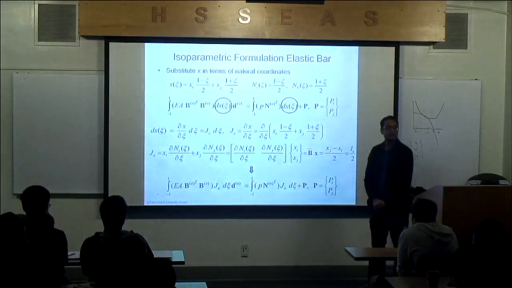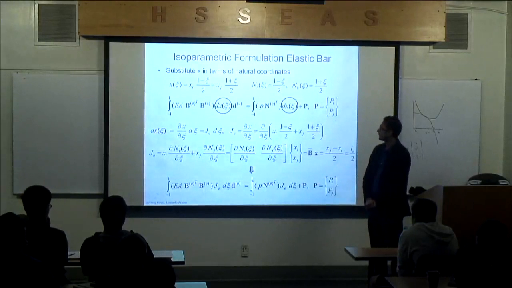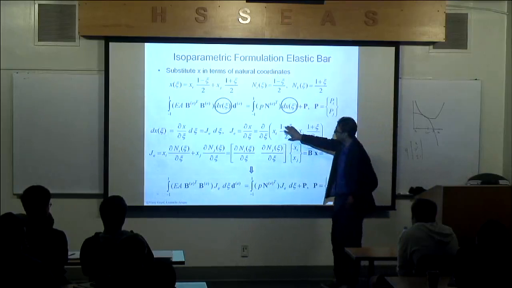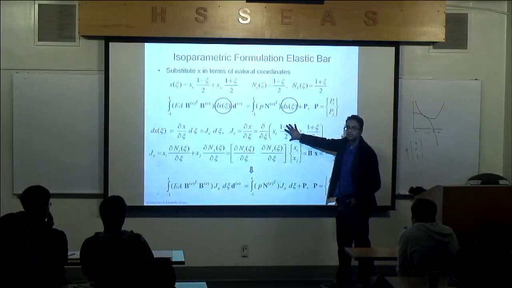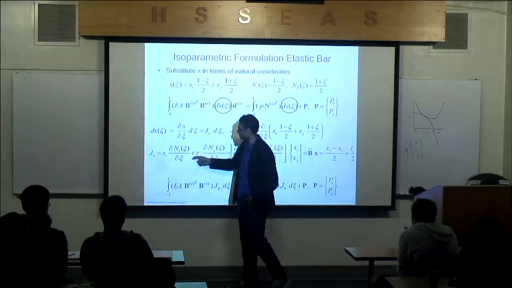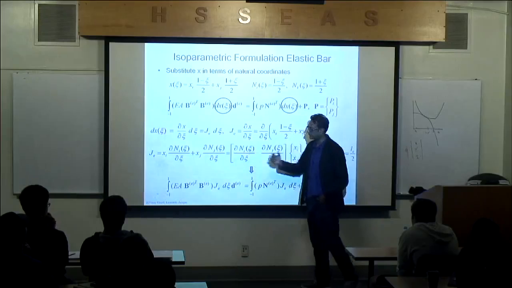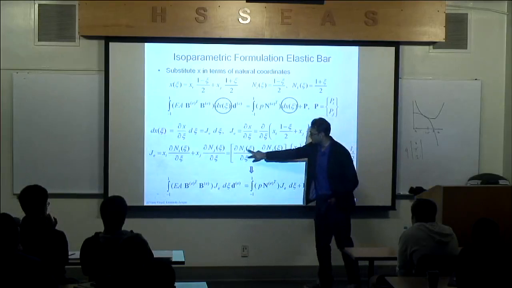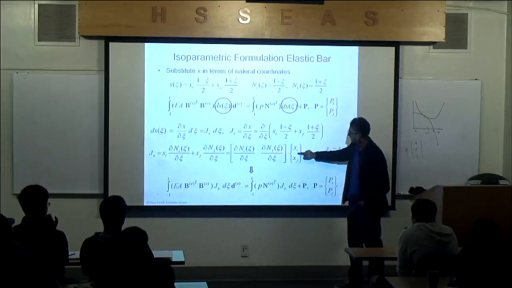Any questions on that? Okay, now if you realize here, that's shape function i, shape function j. So if I take the derivative, I really have this derivative. That's what I'm taking, right? I can put it in matrix notation very nicely, and then I have xi, xj.